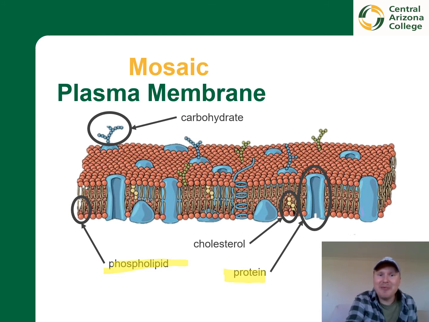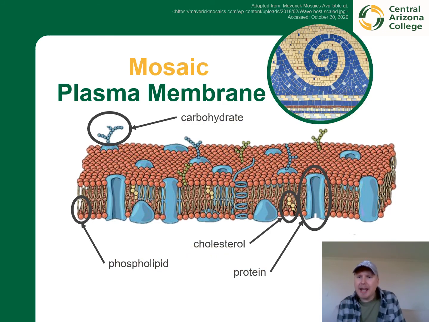And we can also find cholesterol here and carbohydrate chains too. So just like a mosaic in arts is made of many different pieces which when put together form this full image, just like that we have plasma membrane that is made of many things which when put together form this elegant, well-functioning whole. So that's our mosaic aspect.